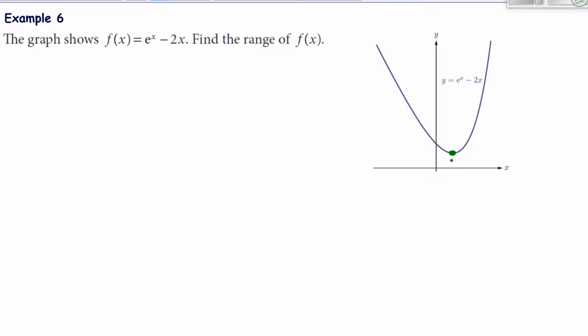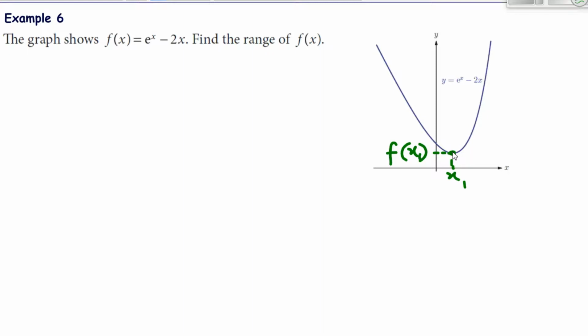So we need to find the x value at this point before we can find the value of this function at that minimum point. After that, we'll be able to just write down the range of this function.